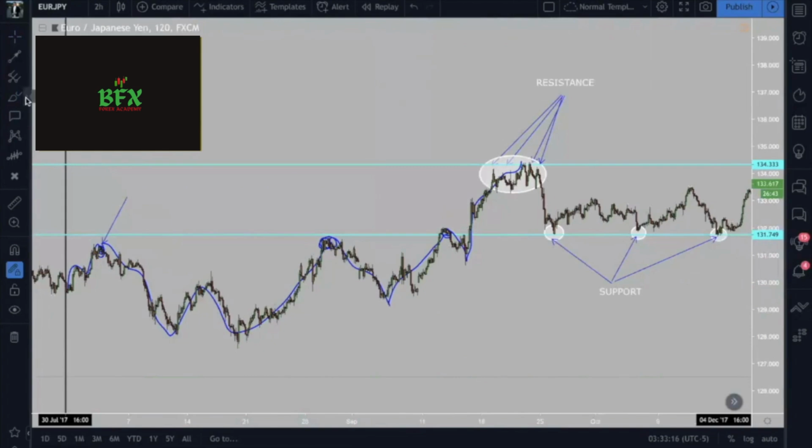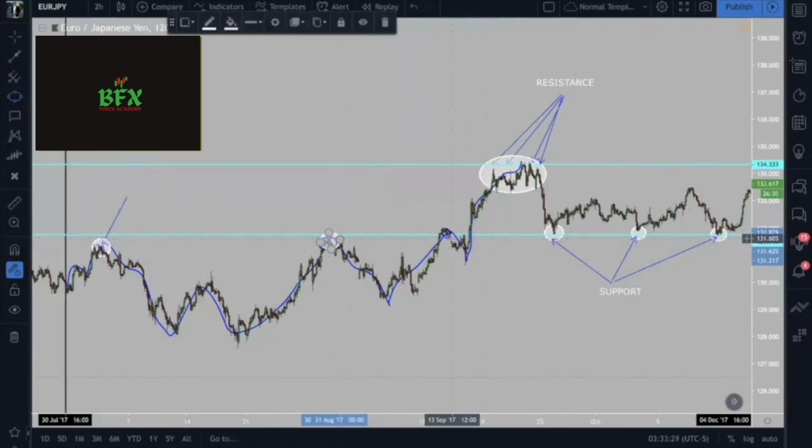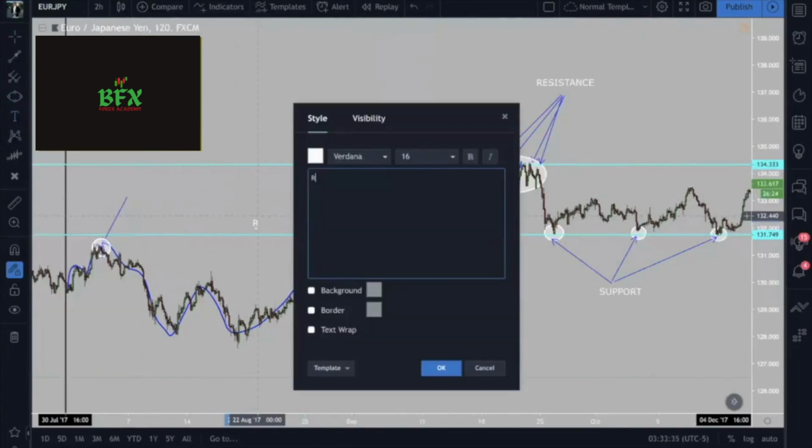But what's important here to understand is that this level that we earlier identified is a support level over here. Previously, it was acting as what? It was acting as resistance.